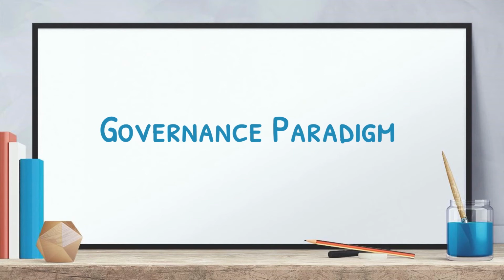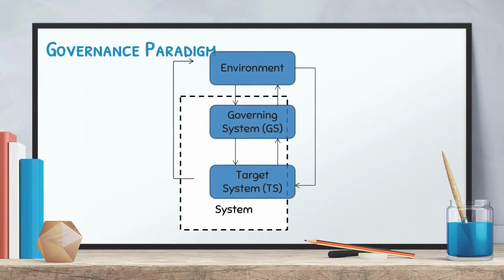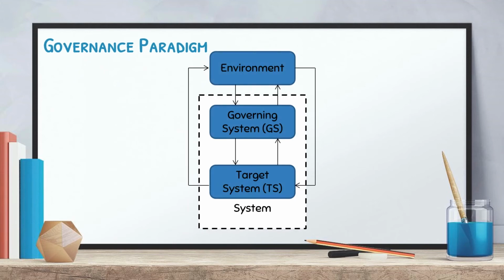Now let's look at the general structure of a governance paradigm. We have three elements. We have the target system and governing system, which reside within the system, and then we have the environment. So let's say we are in the situation where you try to find a supervisor. What will be the target system? The target system is the student who wants to get the supervisor.